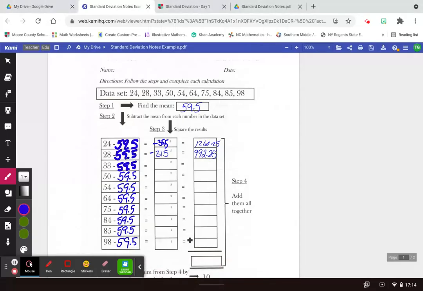So if you would like to, I'm going to continue to fill these in. You are more than welcome to pause the video and complete it yourself. I would encourage you to do it that way, and then you can check your work with my work, okay? Or you can continue to watch me fill in the numbers. Your choice.